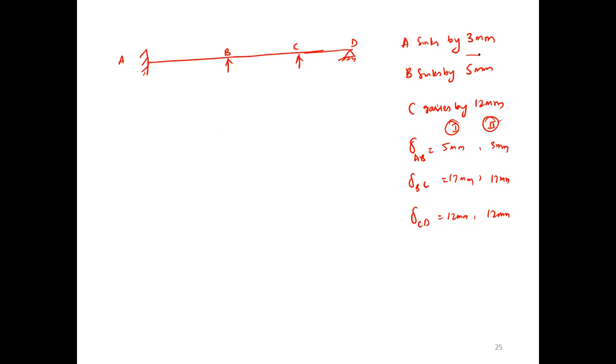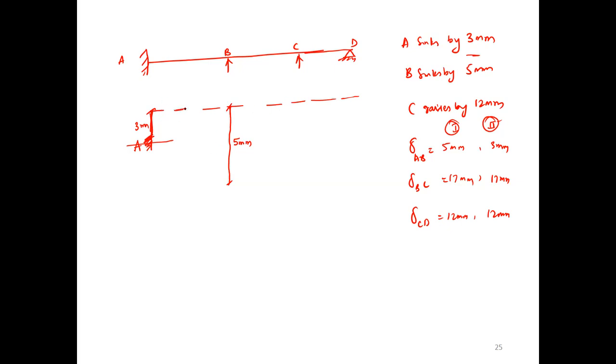See, A sinks by 3 mm. First write the deflection on the real beam. This is the real beam, as it is. This support will sink by 3 mm. Now your support is shifted by 3 mm here. This is A now. Now B. Support B sinks by 5 mm with respect to the real beam.